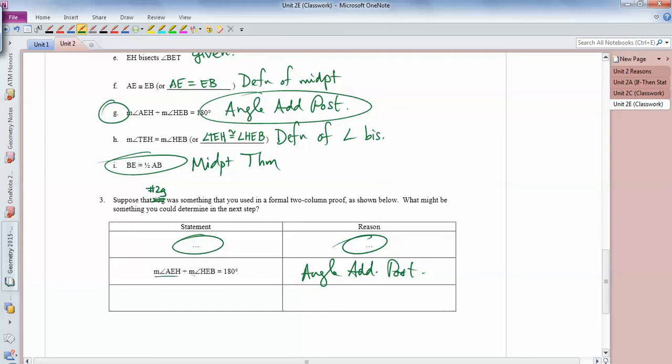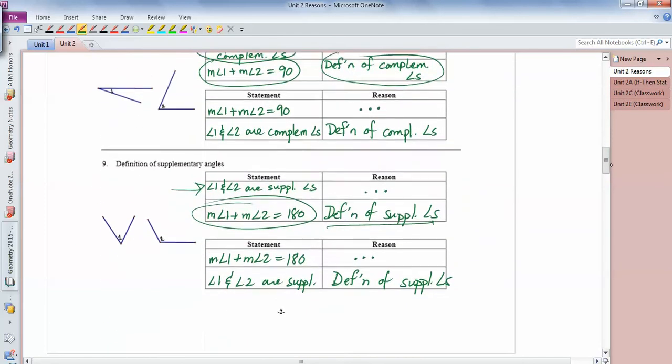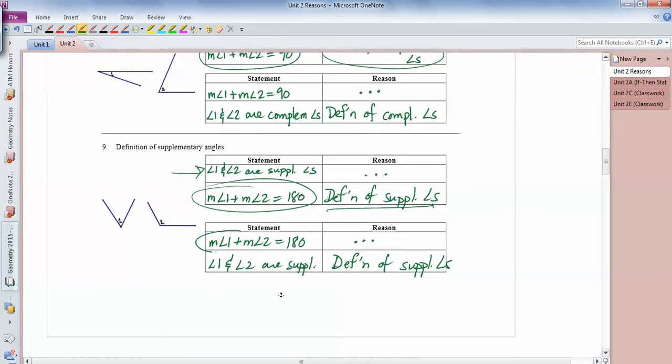Well, if I know two angles add up to 180, then I know that those angles are going to be supplementary, right? And if we come back to our reasons over here and look at that supplementary one, if you know two angles add up to 180, for whatever reason, then you can say that they have to be supplementary, because that's what supplementary angles are.